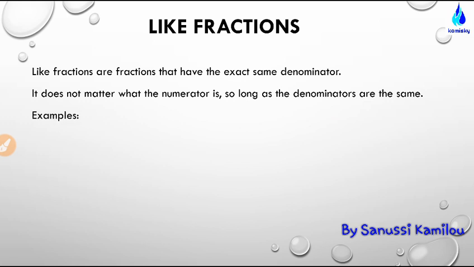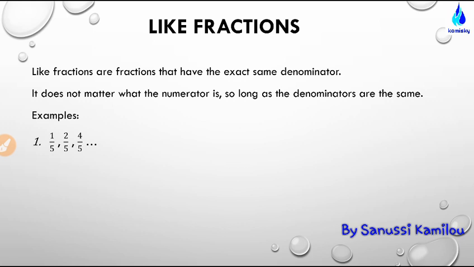Quickly look at this example. Example number 1. We are having 1 out of 5, 2 out of 5, 4 out of 5. These 3 fractions are having the same denominator, which is 5. True or false? And the numerators are not the same.